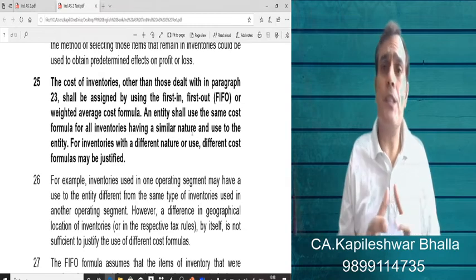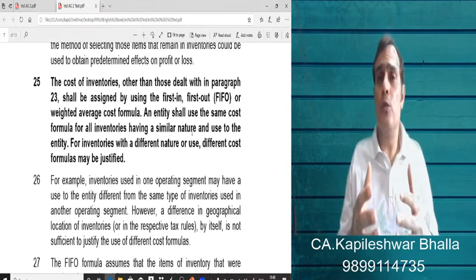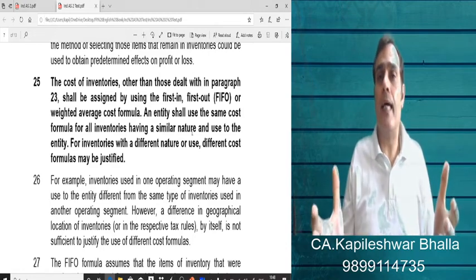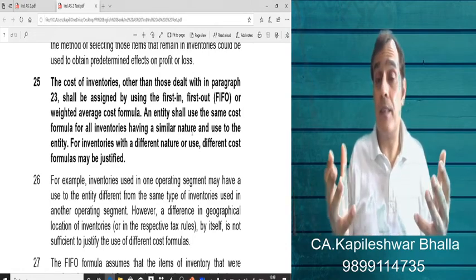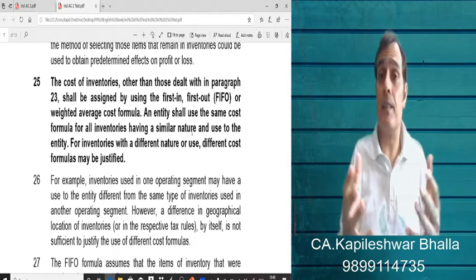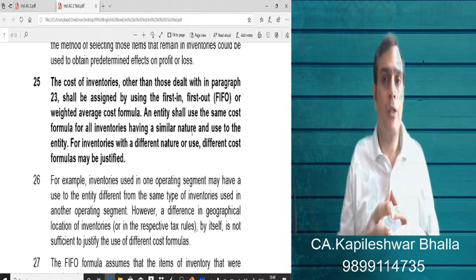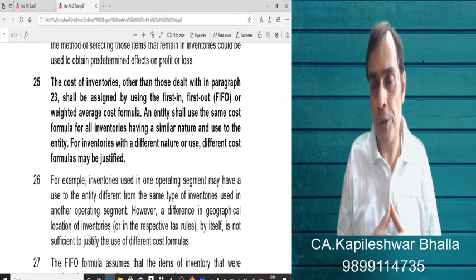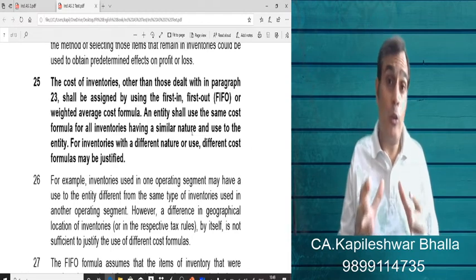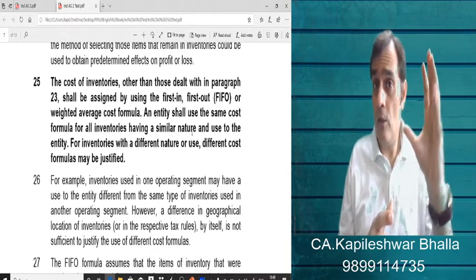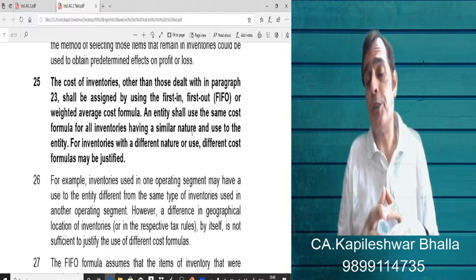But when the inventories are not tailor-made, a consumer could settle for one brand against another brand. Like when you're looking at biscuits, shampoo, or any kind of normal FMCG products, the inventories are ordinarily interchangeable. So when you're looking at the valuation of inventory, we need to first consider whether it is ordinarily interchangeable or not.